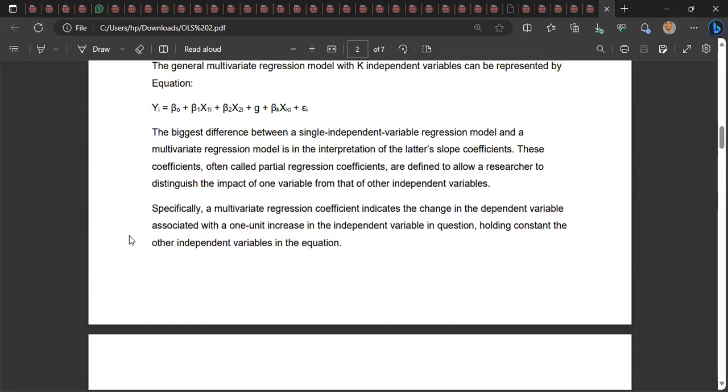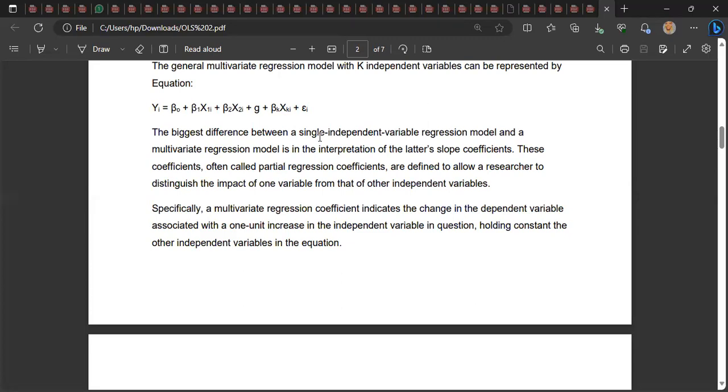The biggest difference between them is the interpretation of the slope coefficients.